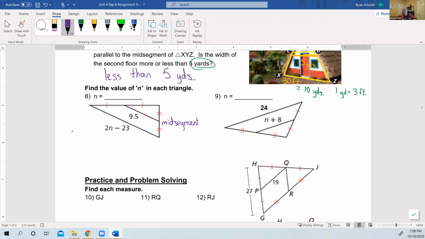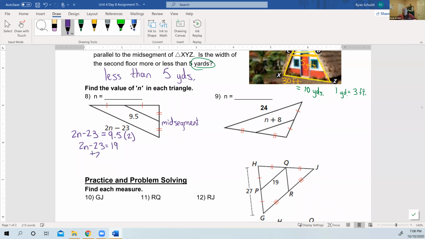So our side is 2n minus 23. That's going to be equal to 9.5 times 2, which is 19.